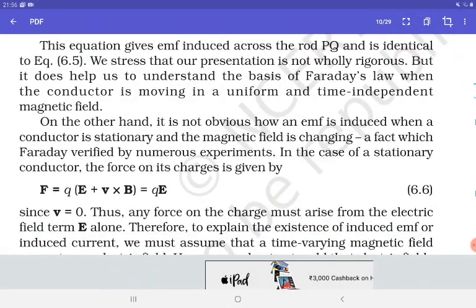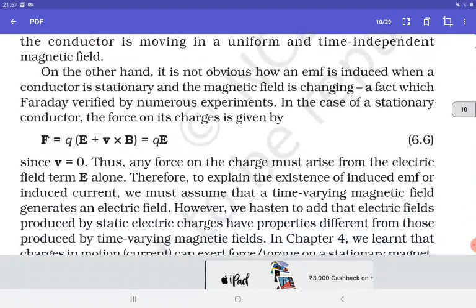On the other hand, it is not obvious how an EMF is induced when a conductor is stationary and the magnetic field is changing, a fact which Faraday verified by numerous experiments. In the case of a stationary conductor, the force on its charges is given by F equals q(E plus v cross B) equals qE.